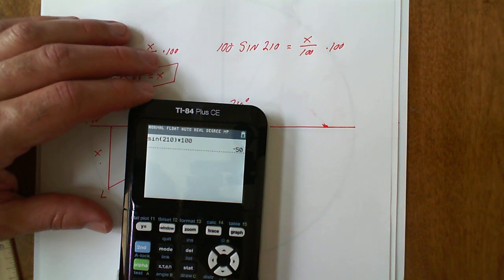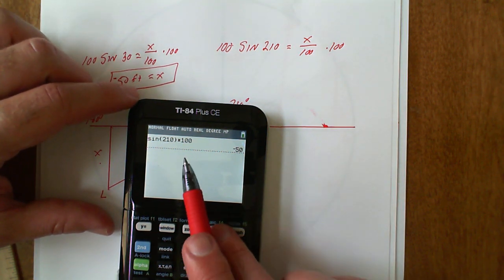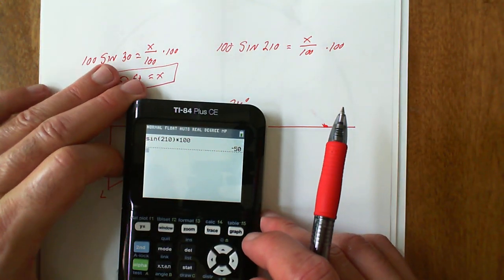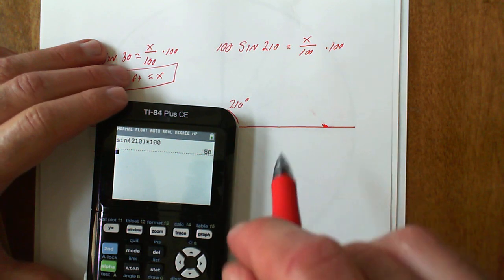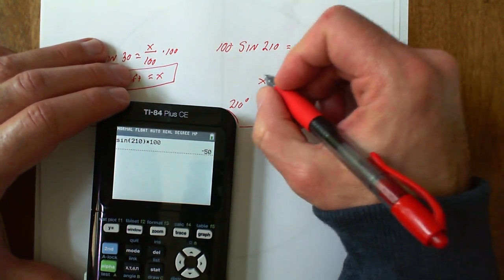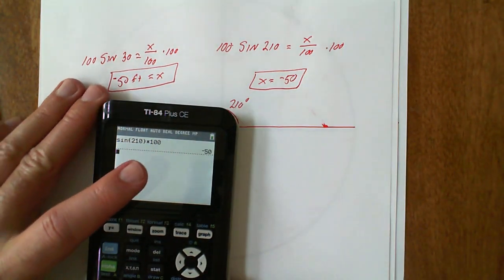What do we get? Notice it's negative 50. So when we use 210 to calculate our height, it recognizes that we are going below ground, and we'll say x equals negative 50 feet. Okay, so we got that.